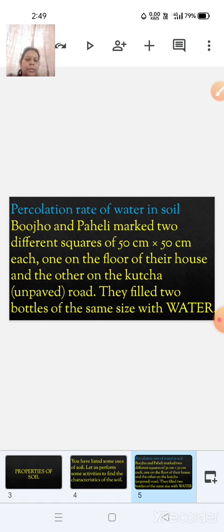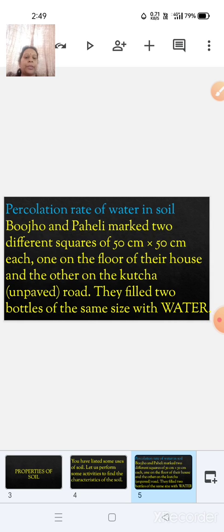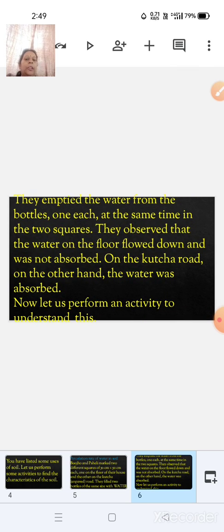They filled two bottles of the same size with water. They emptied the water from the bottles, one each at the same time, in the two squares.